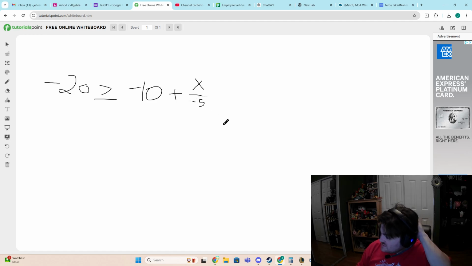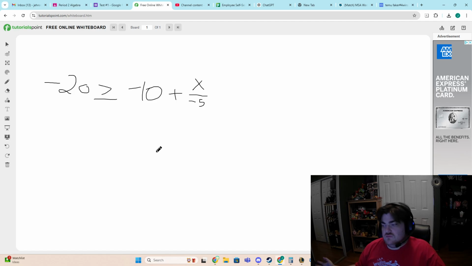All right, so let's break this down the same way we were doing before. It's saying any number I put as x that satisfies this, assuming it's true, is going to make this side smaller than or equal to negative 20.